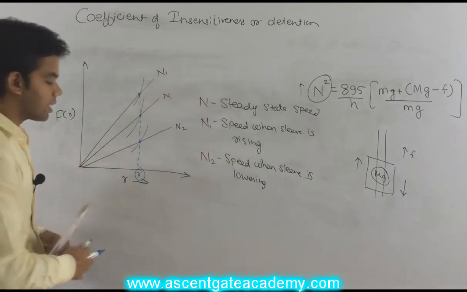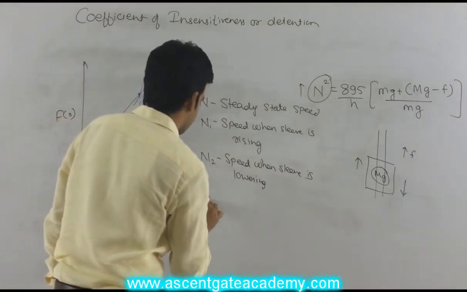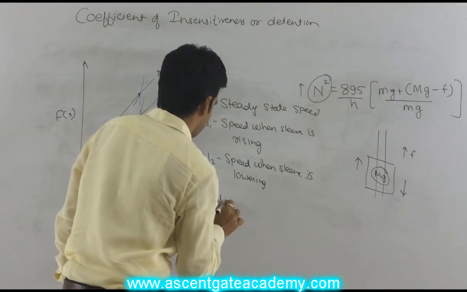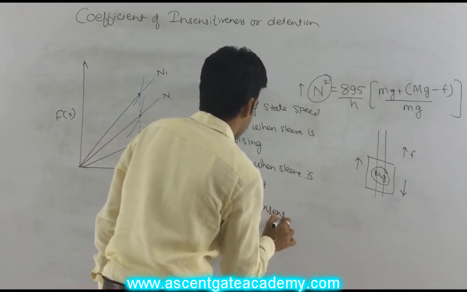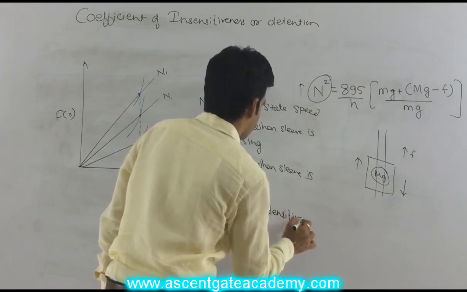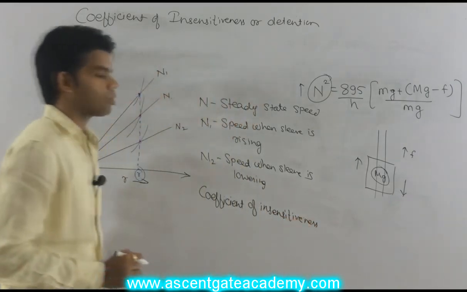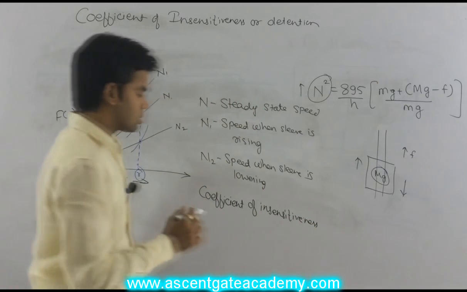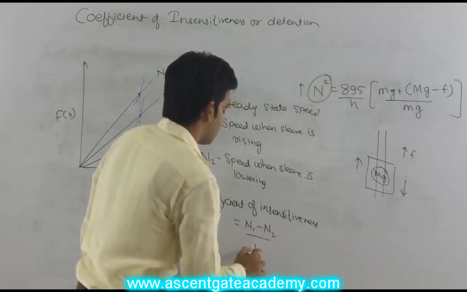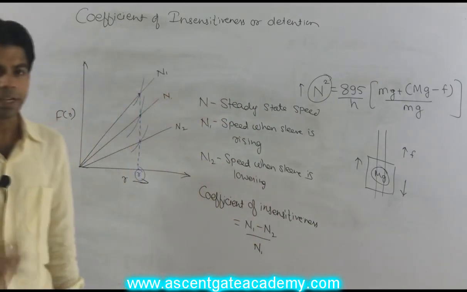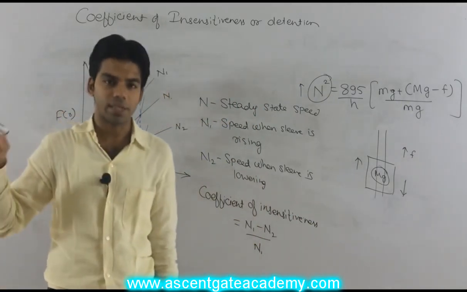Okay, so from here we can determine the coefficient of insensitiveness, or coefficient of detention, you can call it. So this coefficient of insensitiveness is nothing but n1 minus n2 by n. Okay, and don't get confused this with the formula of sensitiveness.